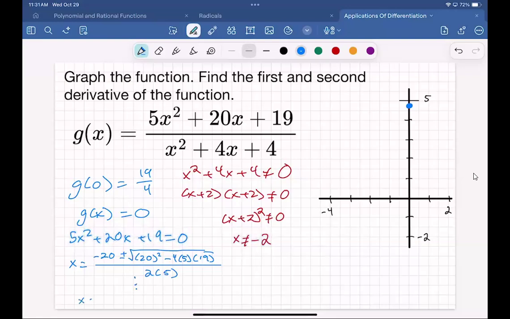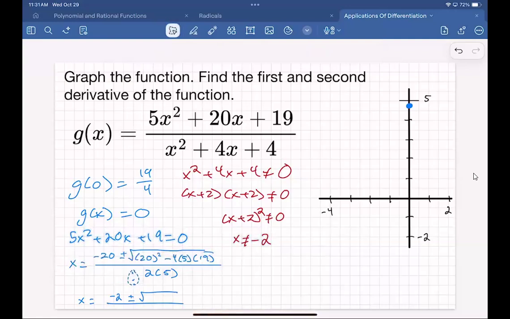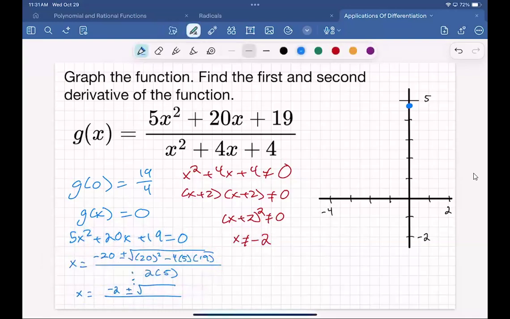The one thing you have to be comfortable with in the quadratic formula is simplifying it, right? So if we go through here and simplify it, the square root of 5, that's what I got.